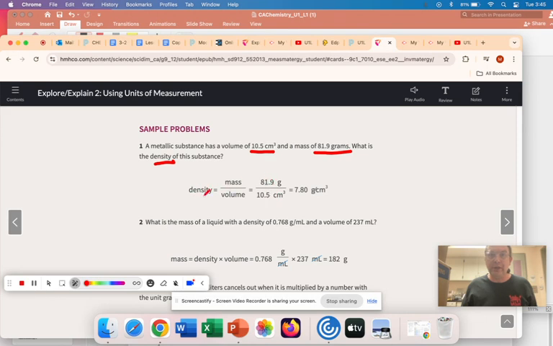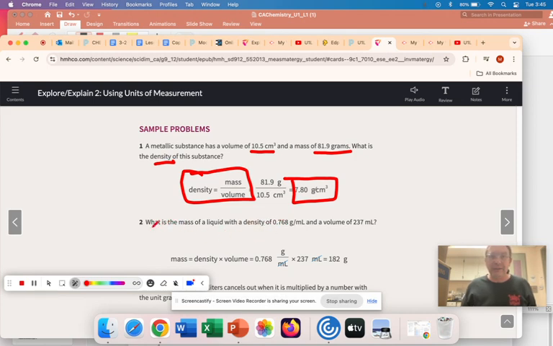So I would set up my density equation first and divide 81.9 by 10.5 on my calculator, and I would get 7.8 grams per centimeter cubed.